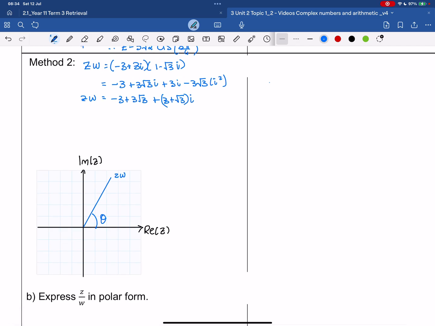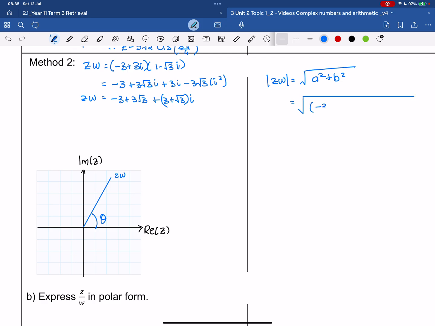So I'm now going to be looking for my modulus. So mod of ZW is the square root of a squared plus b squared. And this gets a little bit messy, so that's why it's often easier to work in polar coordinates rather than in Cartesian coordinates first, because trying to square this, you might make errors.